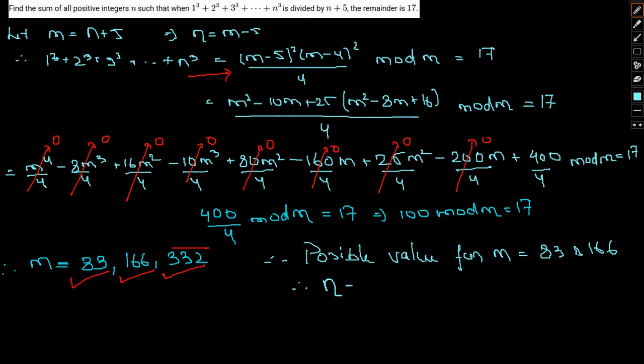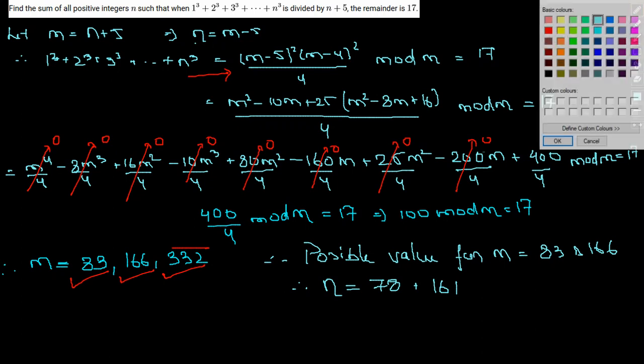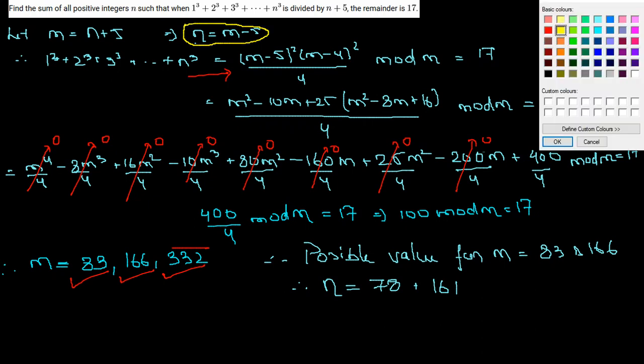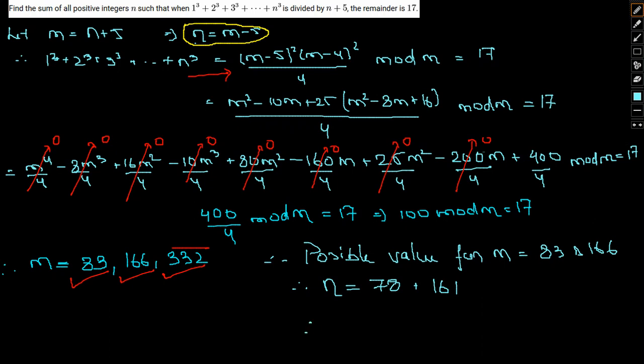Therefore n would be 78 and 161. This is coming from this particular equation, getting n from here. Okay, I hope it's clear. Therefore the required sum is equal to 239.